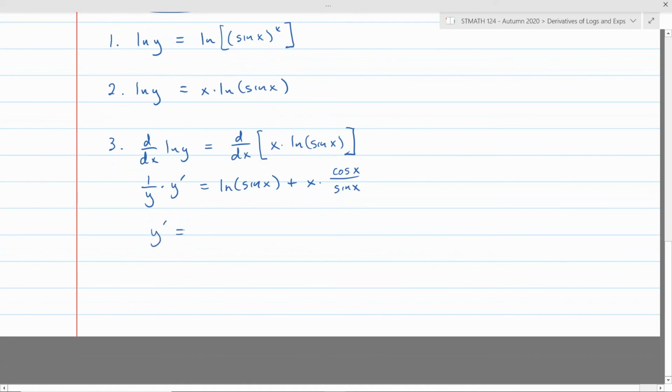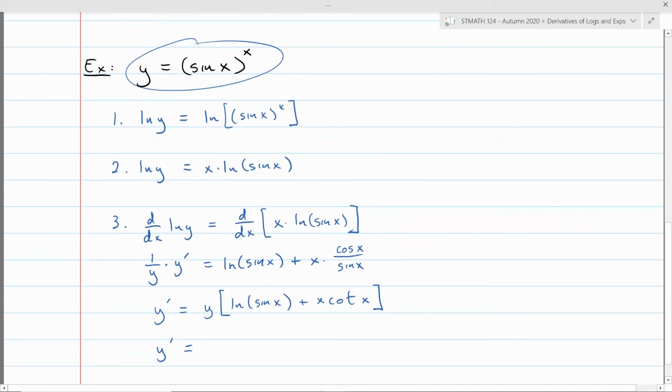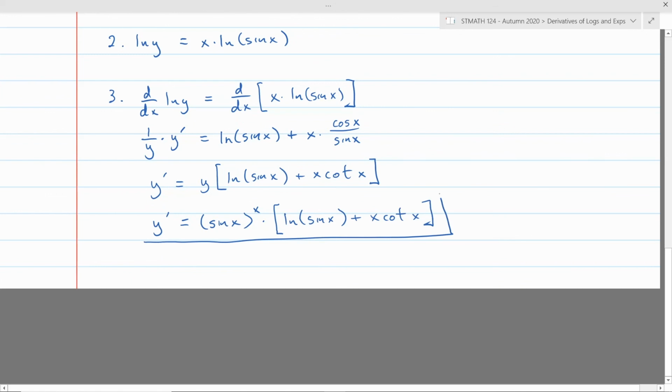Multiply both sides by y, and you would get y times all that stuff on the left-hand side, which I could write as x times cotangent there. And then just remember what y is equal to. At the very beginning, y is equal to sine of x raised to the x, so I can put everything back in terms of the variable x by substituting sine of x raised to the x in place of y there. And there is your derivative.